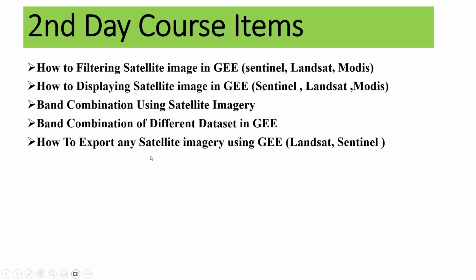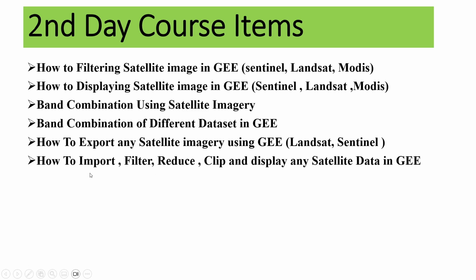So we learn these items, and then also we learn how to import, filter, reduce, clip, and display any satellite data and visualize it in your Google Earth Engine interactive map. How you can import any satellite imagery and filter it using your study area, your specific time frame, and specific metadata.